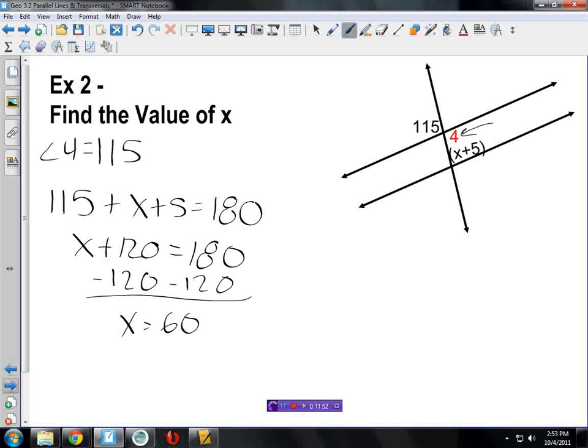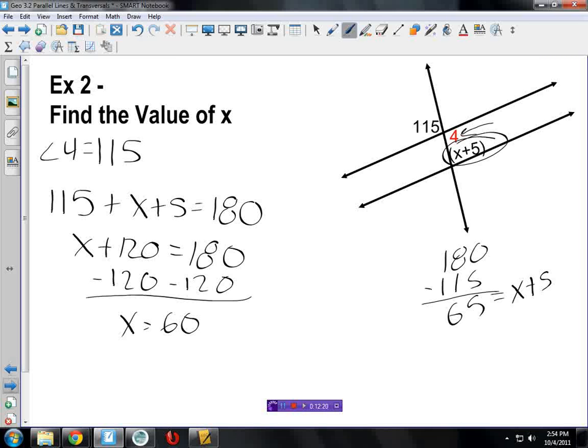Well, can't you, okay, so if it all has to be 180, why can't you just do 180 minus 115? Well, if I go 180 minus 115, that'll give me 65, which is this whole angle. But I just want x. So this is equal to that whole angle of x plus 5, so I need to still minus that 5.